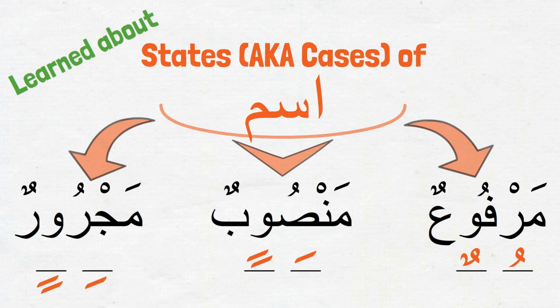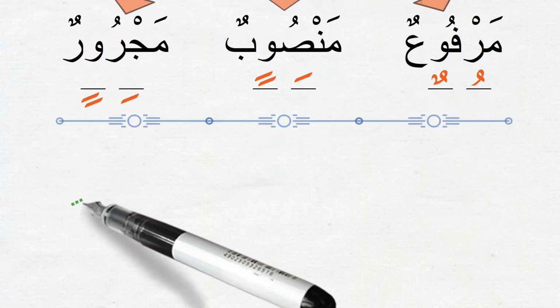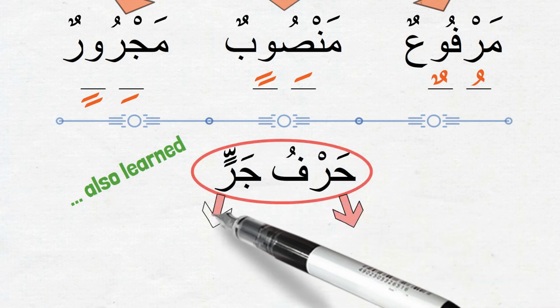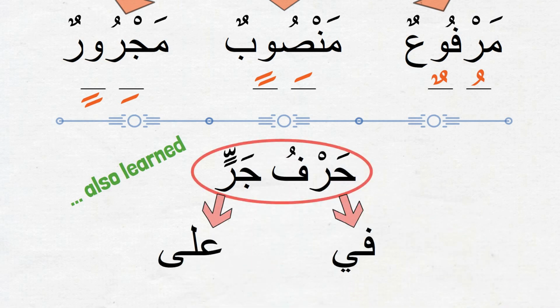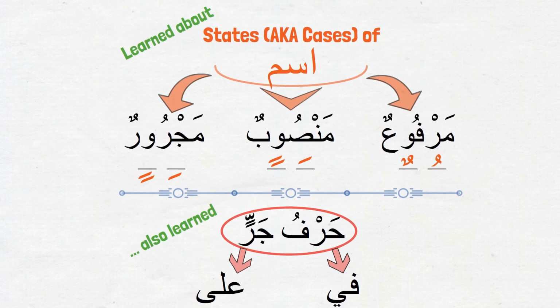And majroor state ends with i or in, as in al-kitabi or kitabin. And we learned a couple of harf jar type words that change the state of the ism coming after it to majroor. We don't know much about mansub state yet. We will learn about when an ism becomes mansub after a few lessons, inshallah.